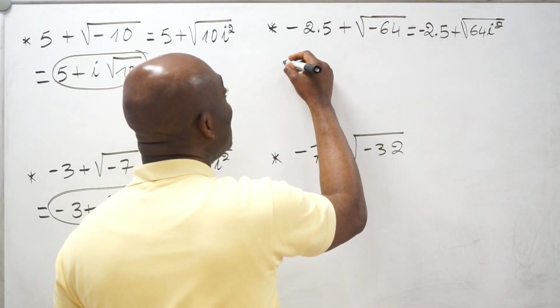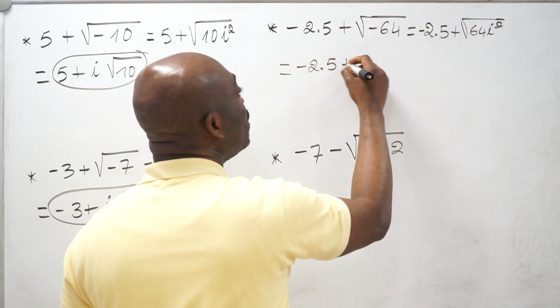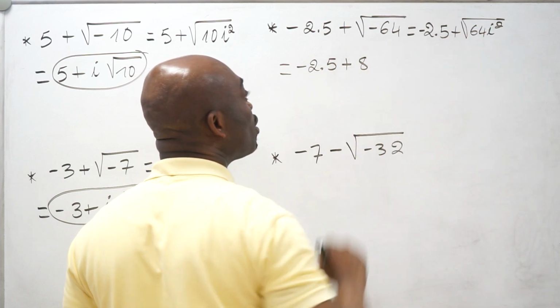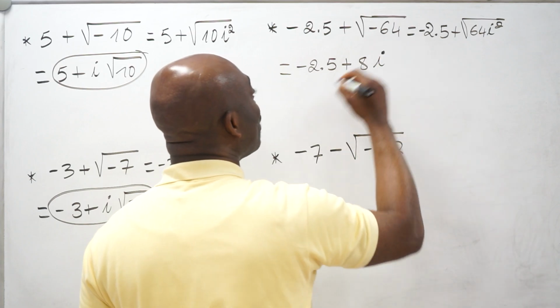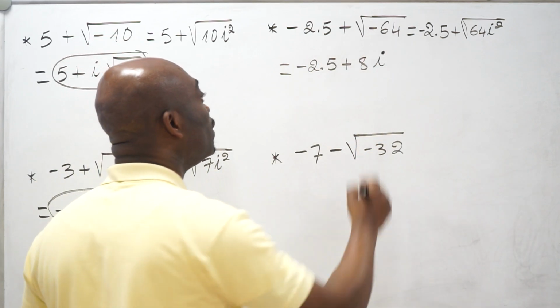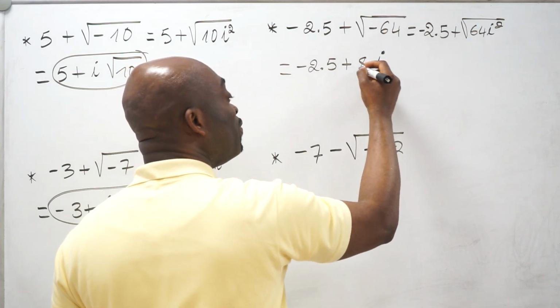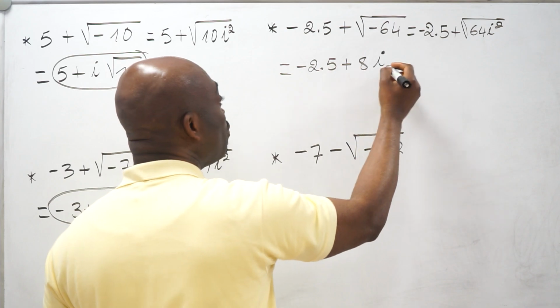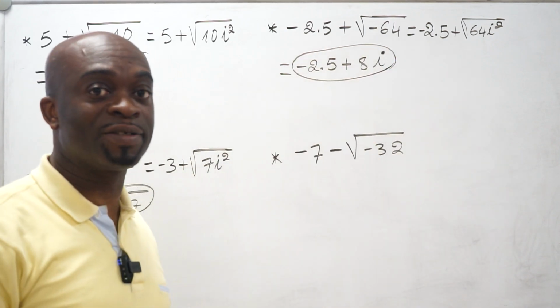So we end up with -2.5 plus 8, and the square root of i squared is i, so it's 8i. Can we add or subtract anything here? No. This is an imaginary number with a whole number in front of it, but this one is a whole number by itself, so we cannot add or subtract. That will be our final answer.